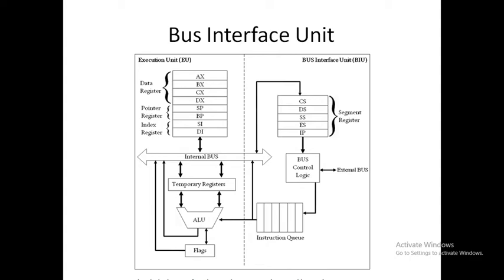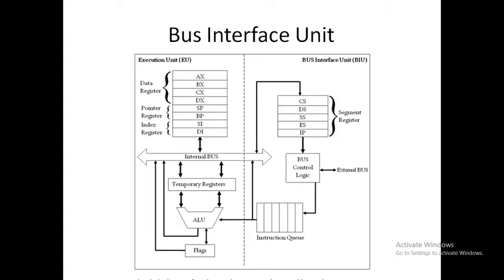Next is the segment registers, that is CS, DS, SS, ES, and IP. The segment registers contain the addresses of instructions and data in memory which are used by the processor to access memory locations. They point to the starting address of the memory segment currently being used.